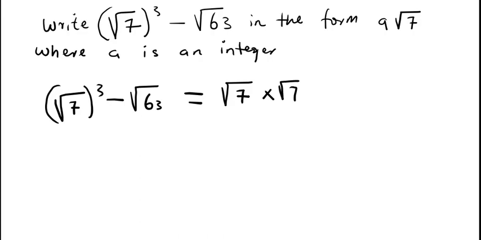If you multiply this out, you get root 7 cubed. Then minus root 63.